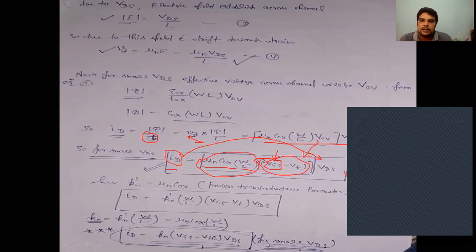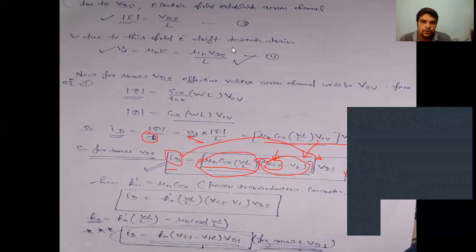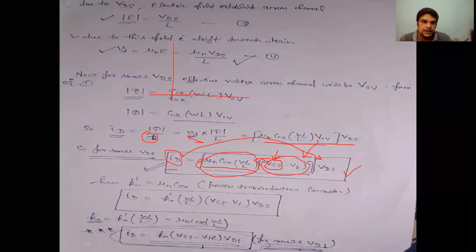And as ID is directly proportional to VDS for small values of VDS, we have a linear curve starting here. This linear curve that starts at small values of VDS is defined by this equation.